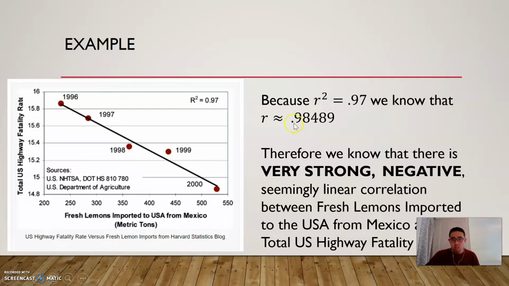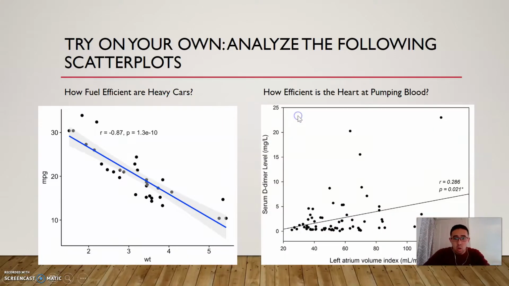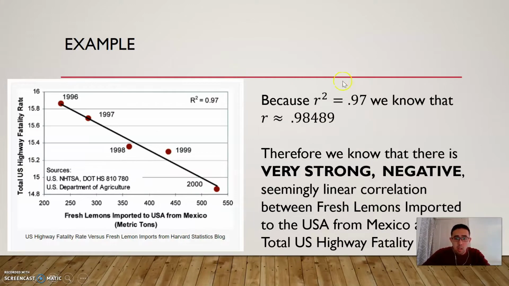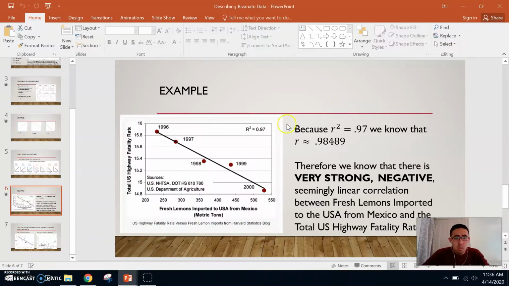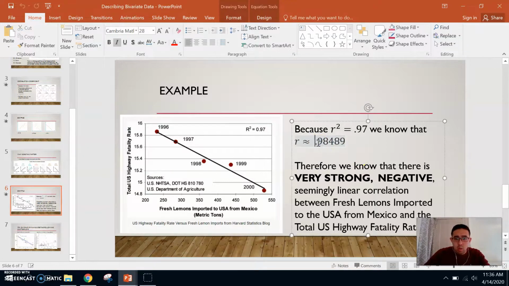I apologize. This should be a negative number, okay? Seemingly linear correlation between fresh lemons imported to the USA from Mexico and the total U.S. highway fatality rate. Guys, you need to know, I apologize, that this, and I'm not going to redo the video, but that is a negative number. My apologies.